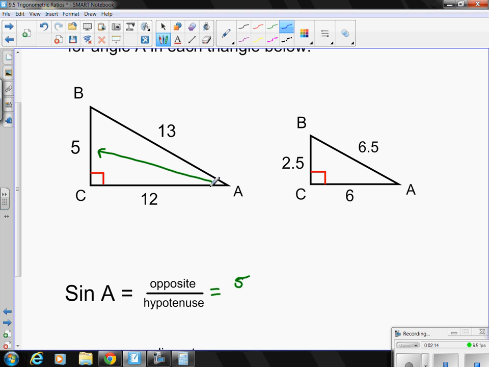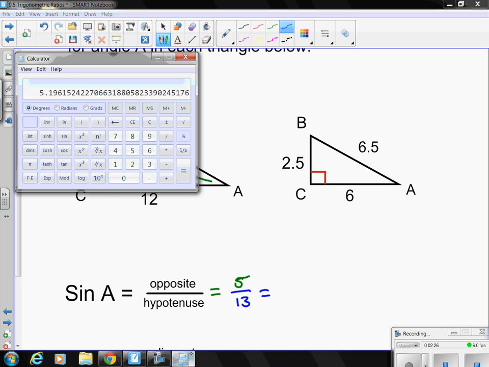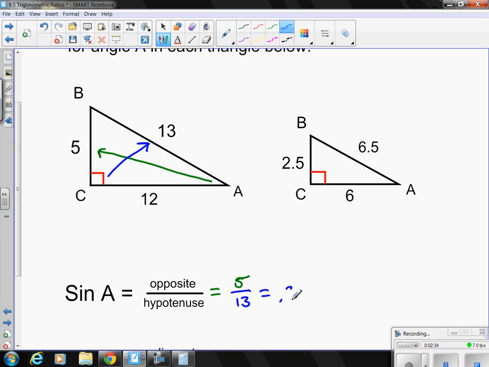The hypotenuse is the longest side, always across from the right angle, 13. If we put that into our calculator, 5 divided by 13 is about 0.3846. When we write these as decimals, we go to the 10,000ths place, 4 decimal places.